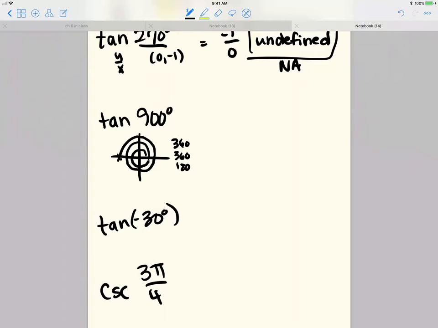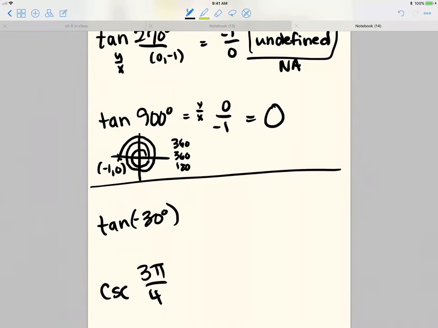So 900 degrees coincides with 180 degrees. It's called a terminal angle. They end in the same place. So that coordinate point was negative 1, 0, and I need the tangent value there. So the tangent, if you recall, just puts y over x. So I put 0 over negative 1, which will give me a tangent value of just 0.